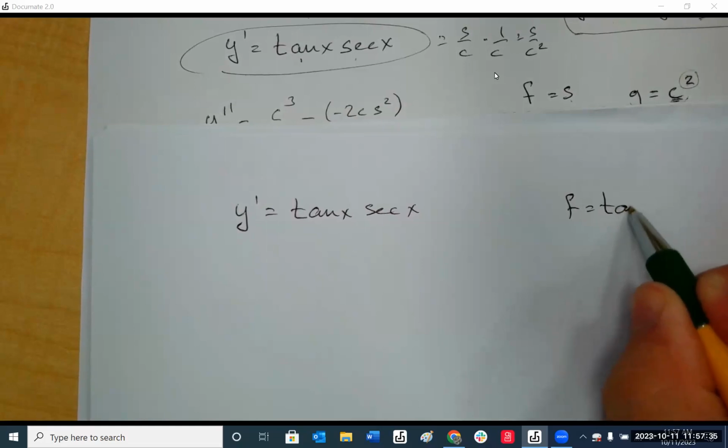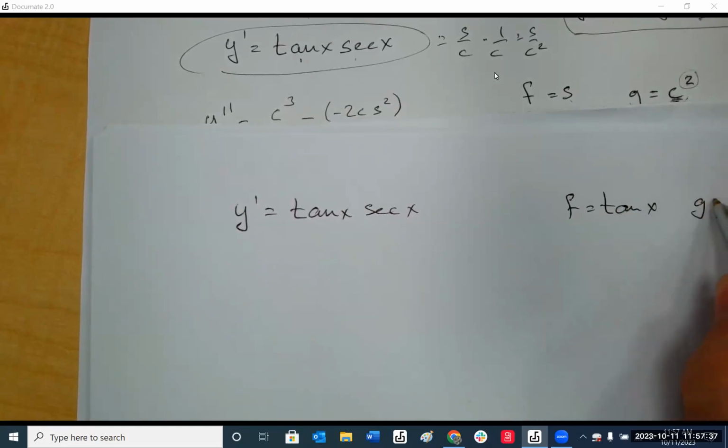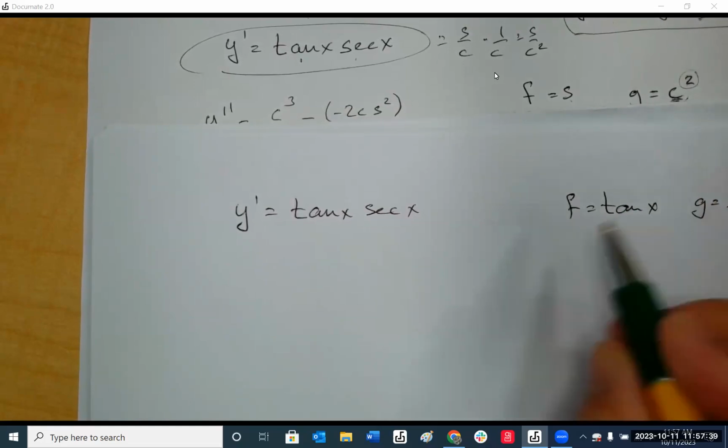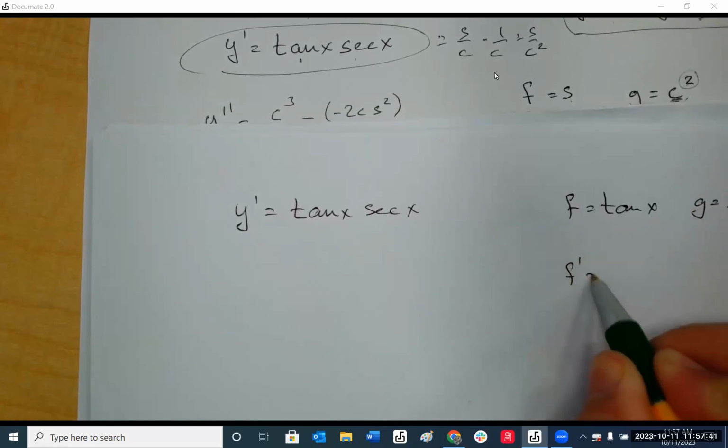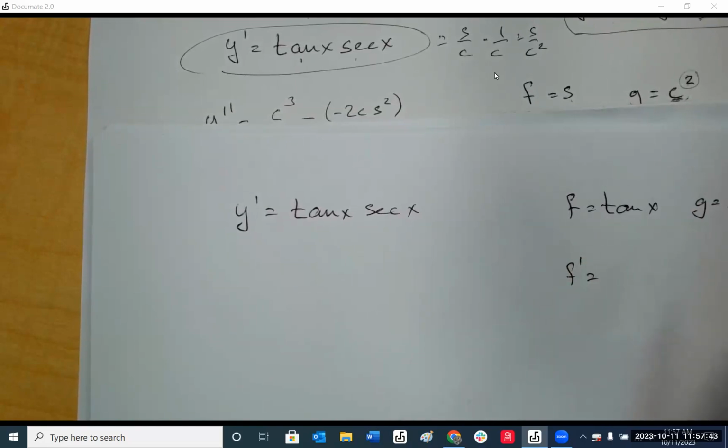Tangent, secant. So the derivative of a tangent is, with cosine, cosine squared plus sine squared, so it's going to be secant squared.